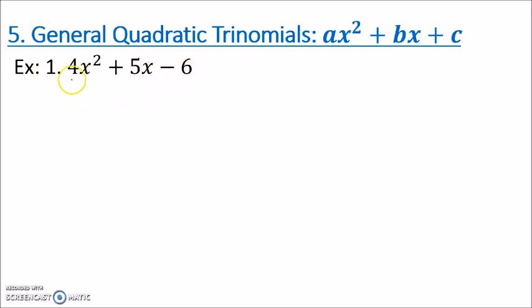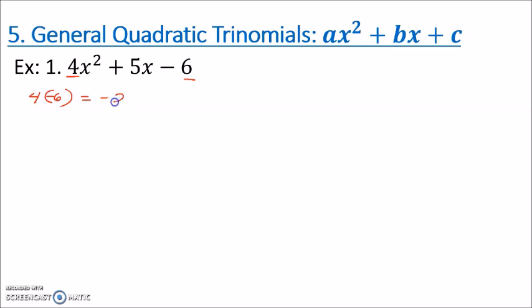In this case, ang gagawin natin, first step muna, maghanap ng common factor. So, 4, 5, wala namang common factor. Okay? So, ang gagawin natin, multiply natin yung coefficient ng first term at saka yung constant term. That would be 4 times negative 6.